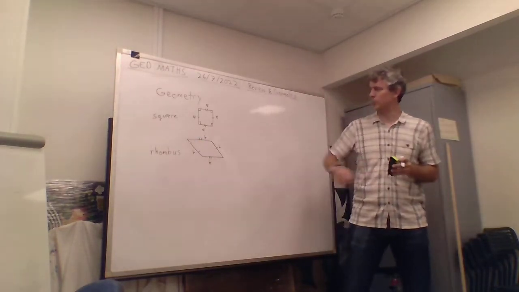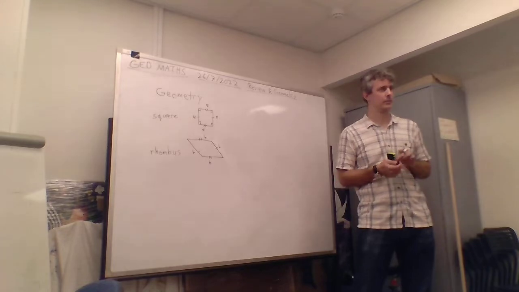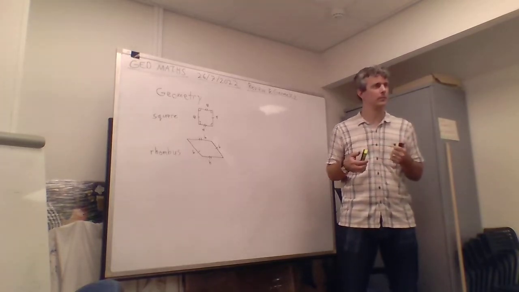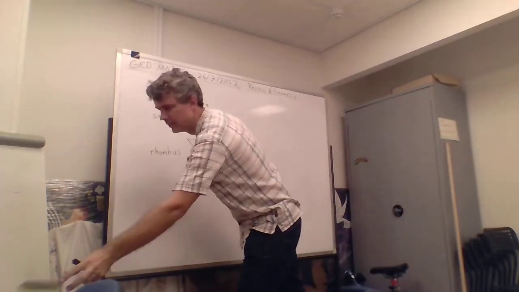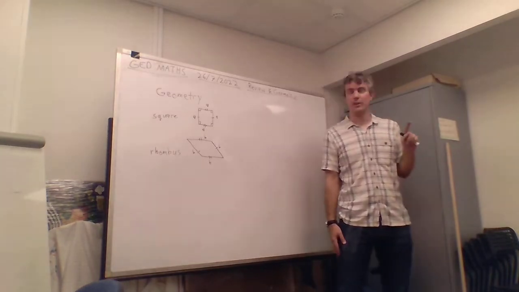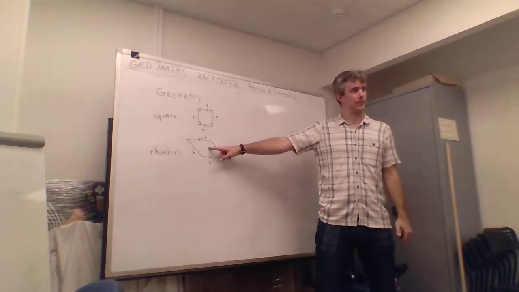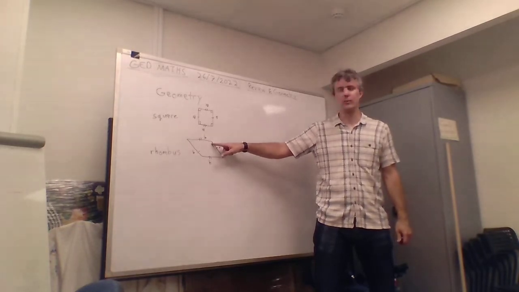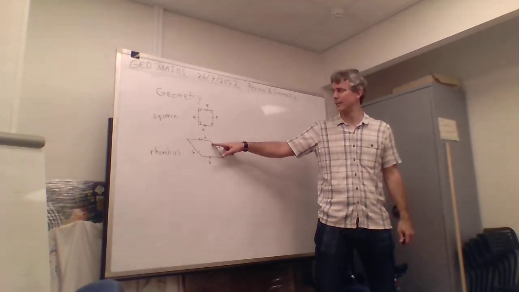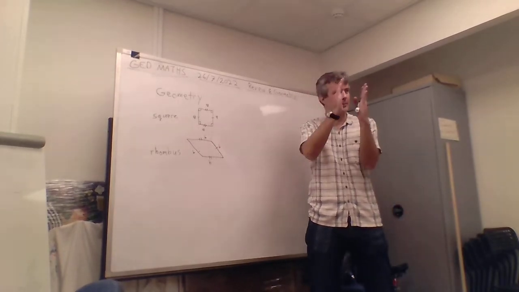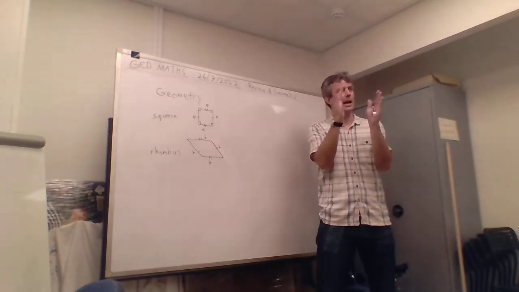So what's the difference between a rhombus and a square? The angles. So a square is also a rhombus. A square is a rhombus that has right angles. A rhombus can be flat. I often think of it as like a diamond.